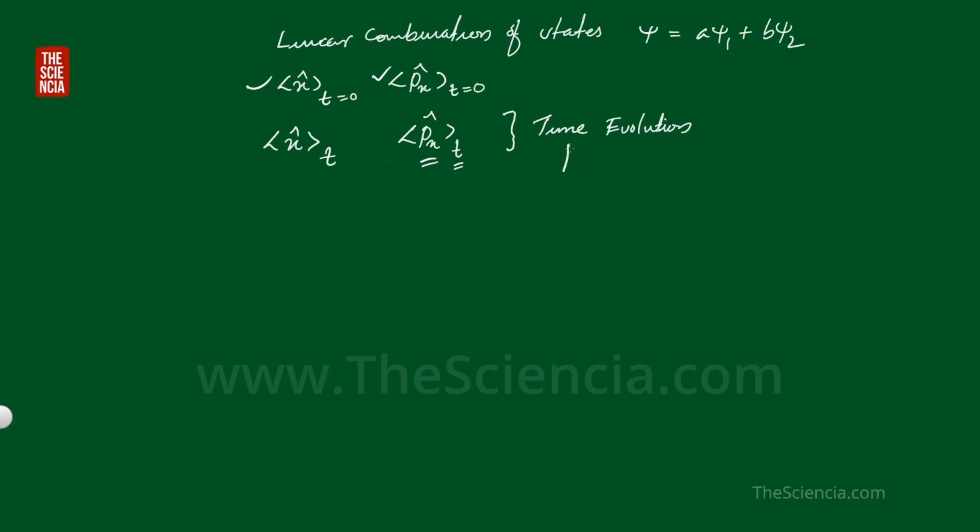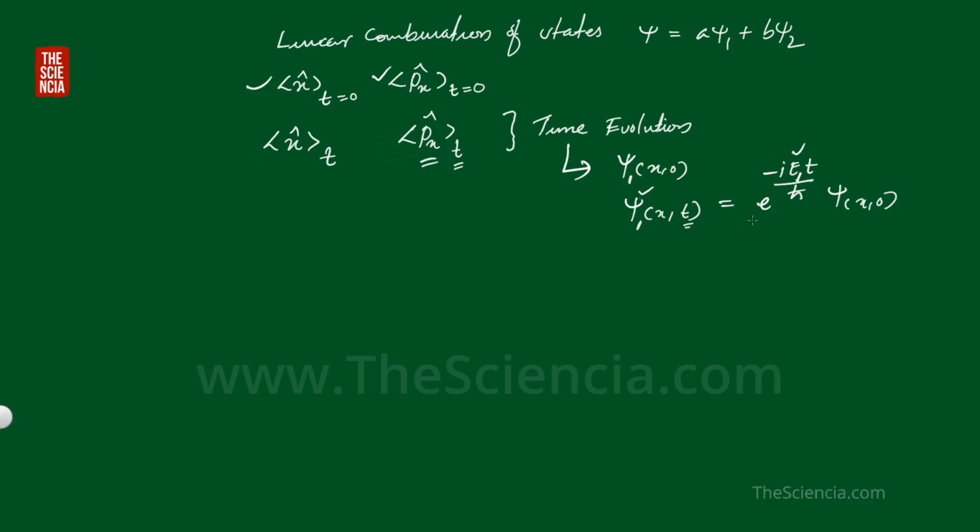And I told you the idea of time evolution: if there is a wave function psi 1 of x, 0, and you want to find the wave function at a certain time t, the method is to multiply it by e raised to minus i E1 t by h cross, times psi of x, 0. Here E1 is the energy of state psi 1.